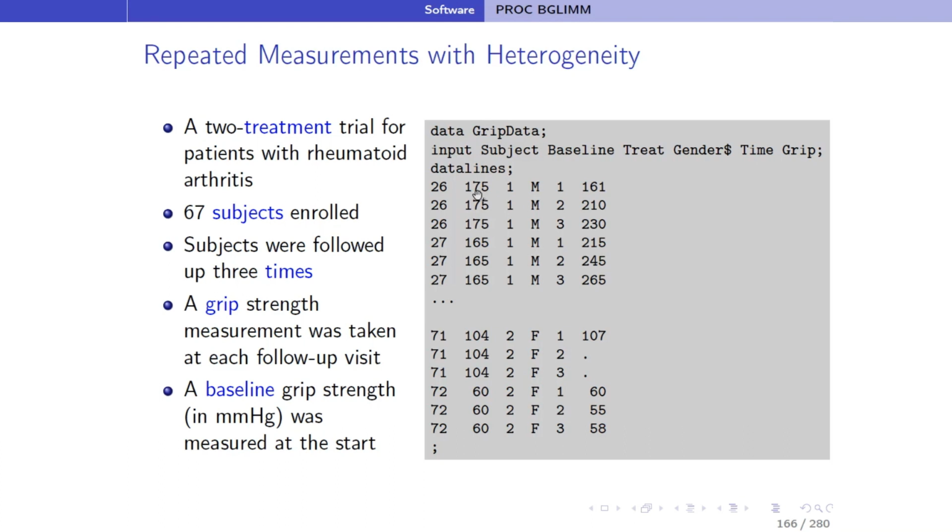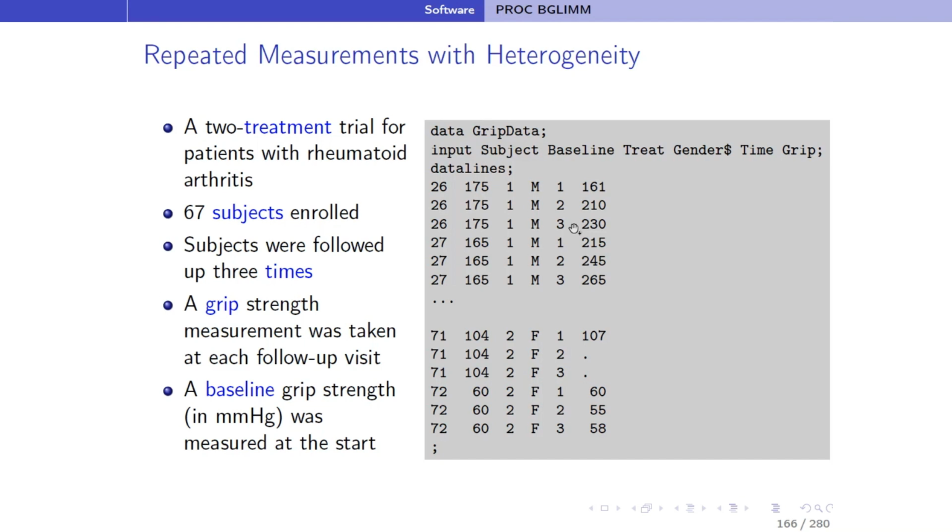At the start, they had the baseline measure of the strength of their hand grip. Some receive treatment 1, and some receive treatment 2. This subject is male, and the timeline is 1, 2, 3. The grip is 161 at time 1, 210 at time 2, and 230 at time 3.